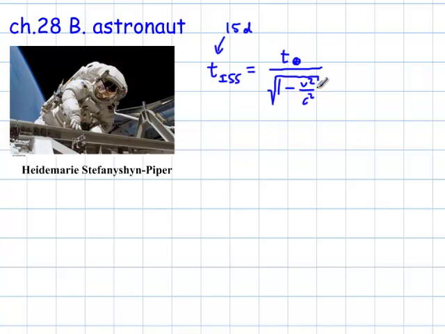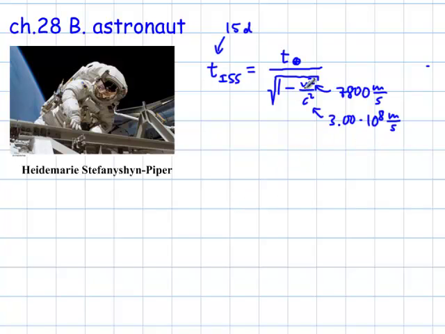The v here is the 7,800 meters per second, and of course in this case I have to plug in 3.00 times 10 to the 8th meters per second for the speed of light.